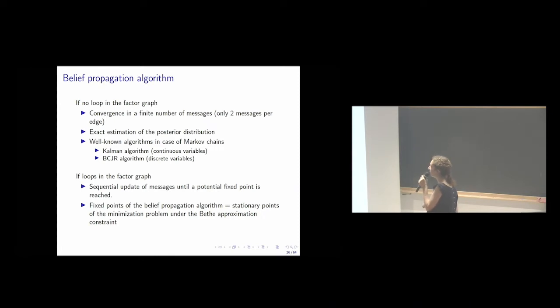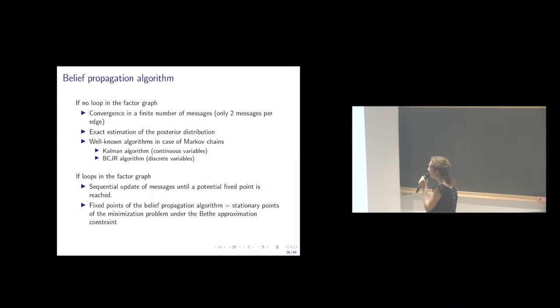So you have only 2 messages per edge. And you get, and this is quite interesting for you, an exact estimation of the posterior distribution. Well-known algorithms in the case of Markov chains, the Kalman algorithm for continuous variables, or the Bayes algorithm for discrete variables, are particular cases of the belief propagation algorithm.